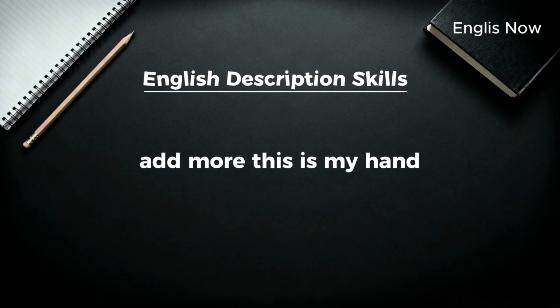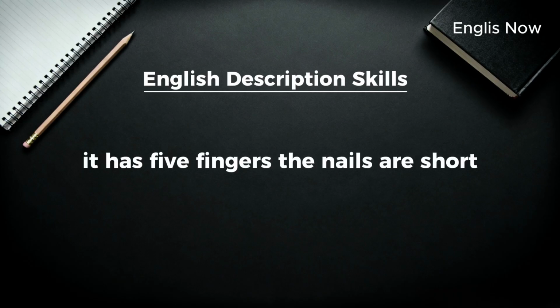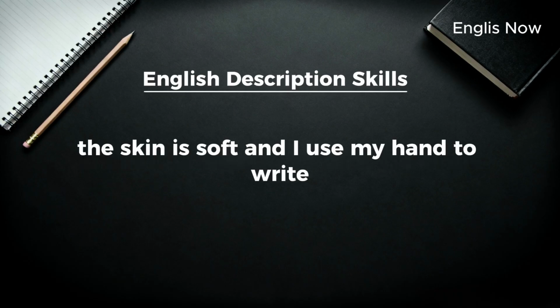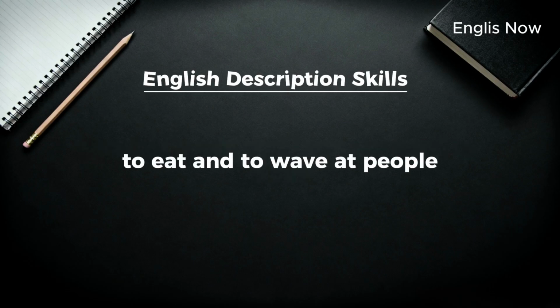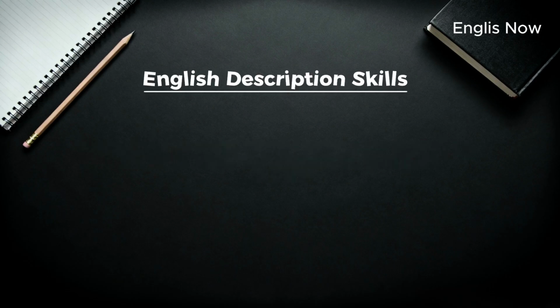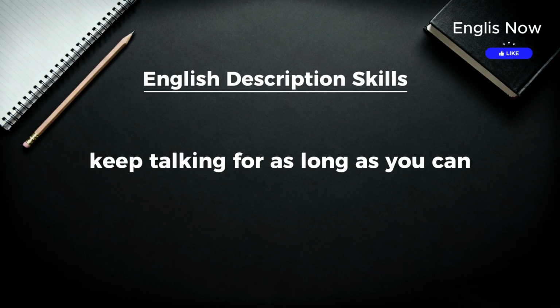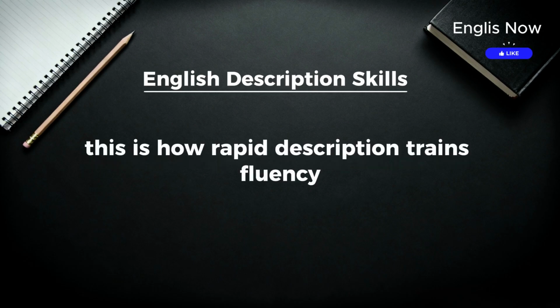Add more. It has 5 fingers. The nails are short, the skin is soft, and I use my hand to write, to eat, and to wave at people. Keep talking for as long as you can. This is how rapid description trains fluency.